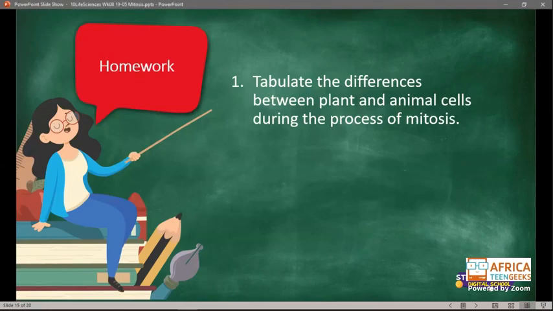Yes, Tyrese, tabulate is make a table. So you can make a table, have plant cell as your heading, or on another column, and then animal cells on another column, then you give out your differences. They can be 2 or 3 if you have 3, but 2 is enough.